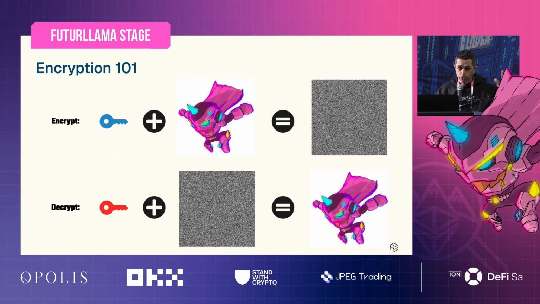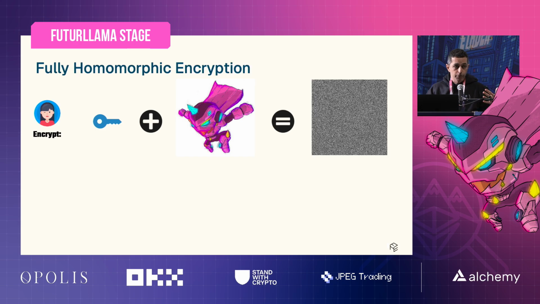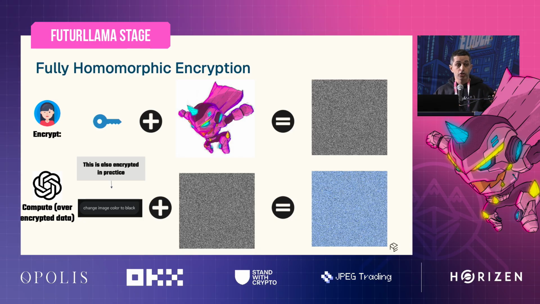So let's explain briefly how it works. Encryption 101. Without homomorphic encryption, typically you have your key, you encrypt, and you get an encrypted data. And when you want to decrypt, you just use the key to decrypt the data and you get the same result. FHE offers you now another layer. So you start by encrypting the data, but this time you encrypt it homomorphically. And now you can actually also compute over that encrypted data.